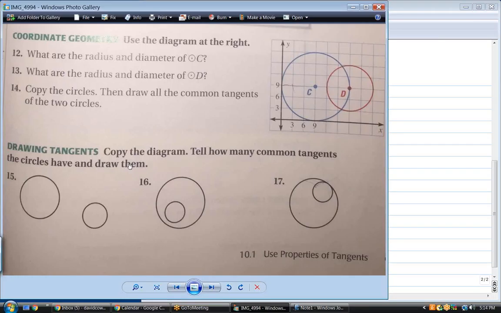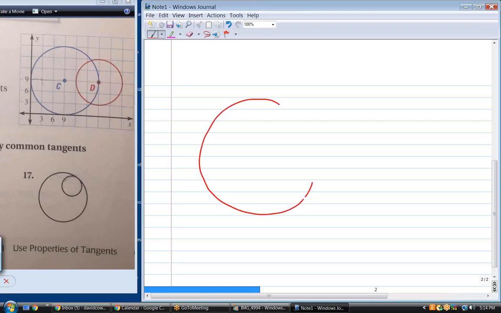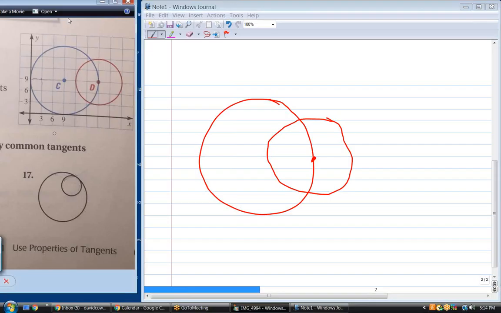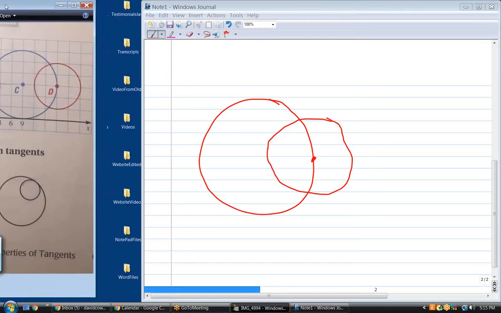Let's look at 14, where they want us to draw a common tangent. A couple of ways we could do this. Have a big circle intersecting a smaller circle whose center is right on the big circle's circumference. Now, it says, copy the circles, then draw all common tangents.